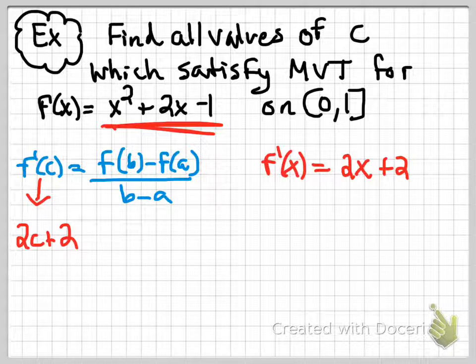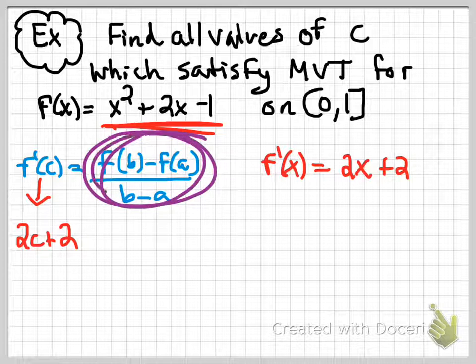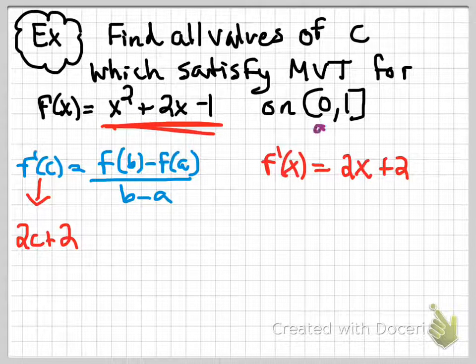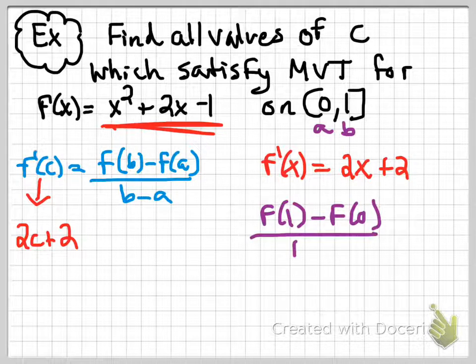Then, once we figure that out, we're going to go to the next step, which is figuring out f of b minus f of a. Except a and b are 0 and 1 in this problem. So we're going to do f of 1 minus f of 0 all over 1 minus 0, and clean that up. We're going to plug 1 and 0 back into the original equation, back into f of x.